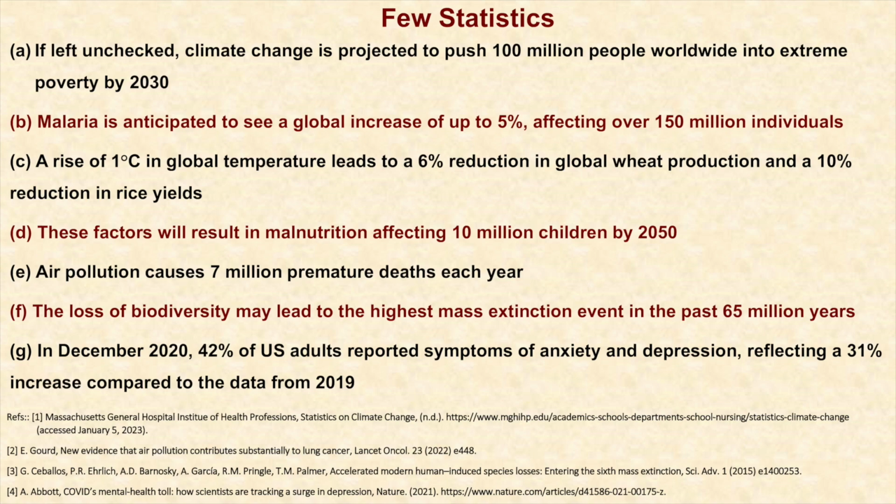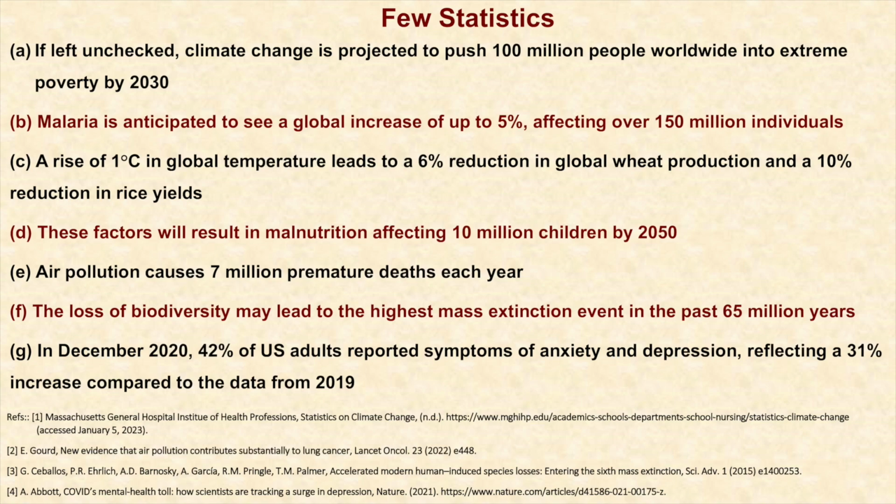These factors will result in malnutrition affecting 10 million children by 2050. Air pollution causes 7 million premature deaths each year. The loss of biodiversity may lead to the highest mass extinction event in the past 65 million years. It is not 1-2 years, it is 65 million years.